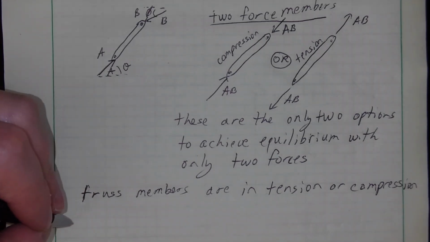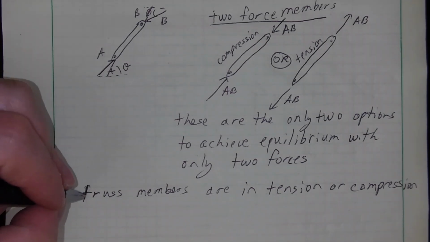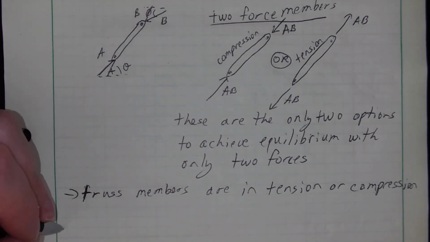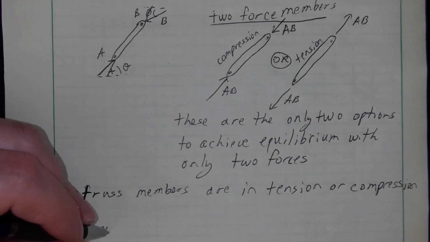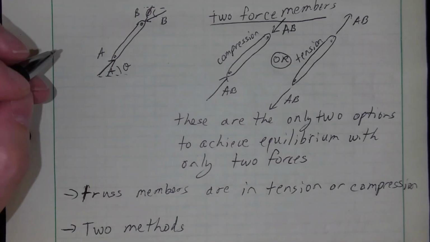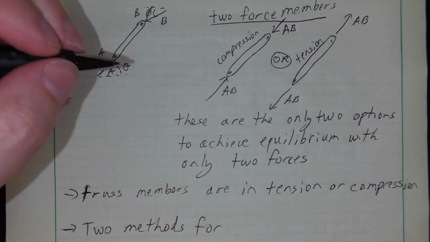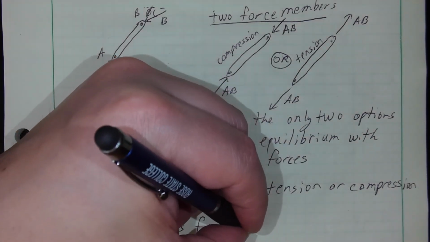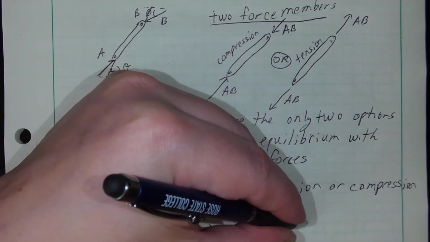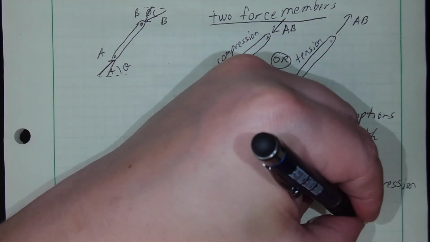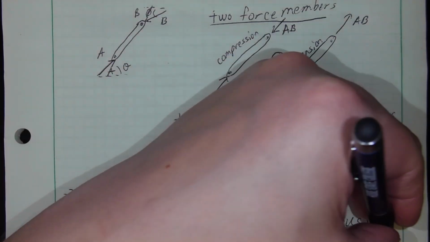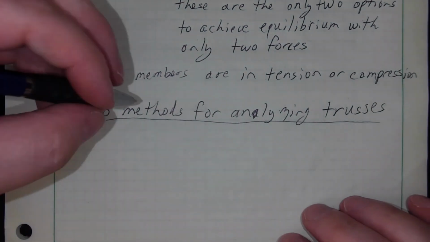There are two methods for analyzing trusses. There are probably more. I'm sure there's more. But in what we're talking about here, we're going to talk about two methods for analyzing trusses.